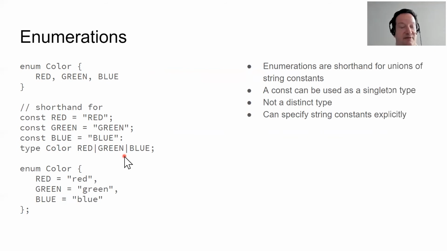Remember I said that types were sets of values. So you can have a type that contains one value. This const red is a constant and it's also a type. You can use it as a type. So here I've defined it as a constant, but here I'm using it as a type. So what type is it? Well, it's a type that contains one value. This here is a type that contains exactly one string, specifically the string red. And so this is a union. So this type has three values in it.